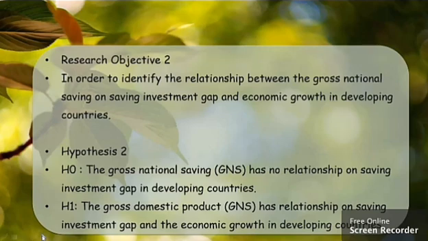So now moving forward to research objective number 2, which is to identify the relationship between the gross national saving on saving investment gap and economic growth in developing countries. Based on the OLS, it is detected that when the saving investment gap increases by 1%, the gross national saving in the selected developing countries has decreased by 0.1945%, and the p-value, which is 0.042, is lower than the significance level of 0.05.